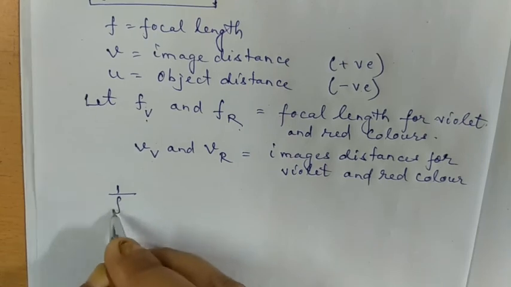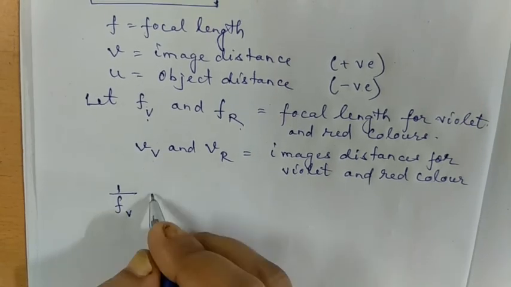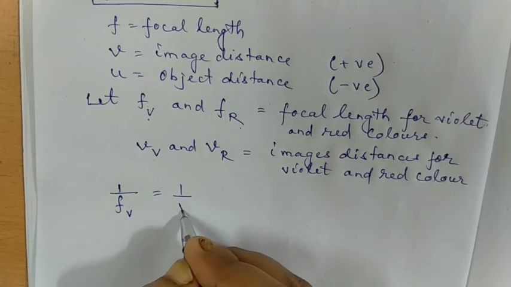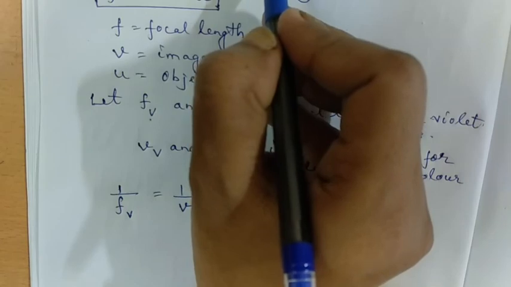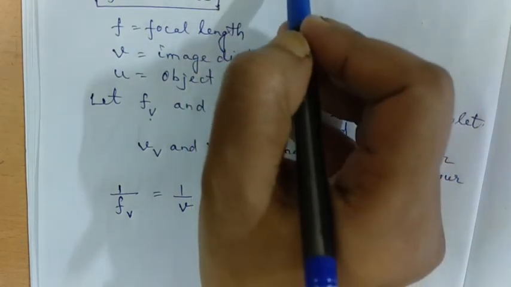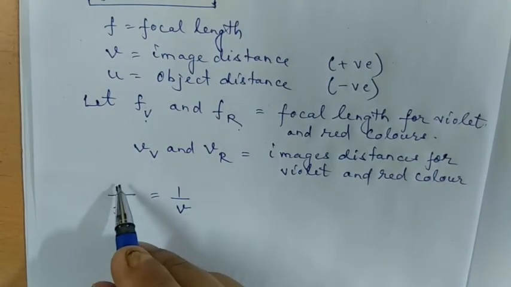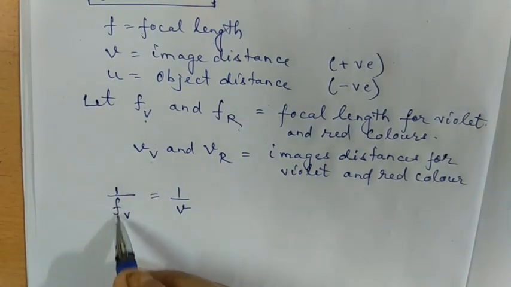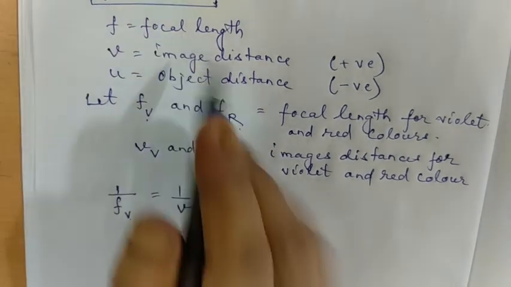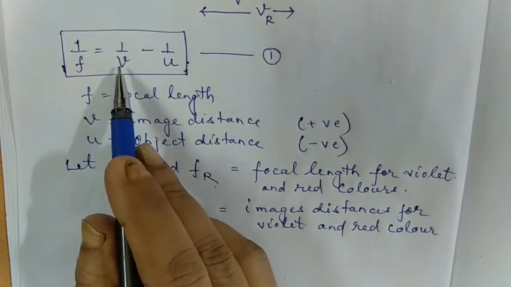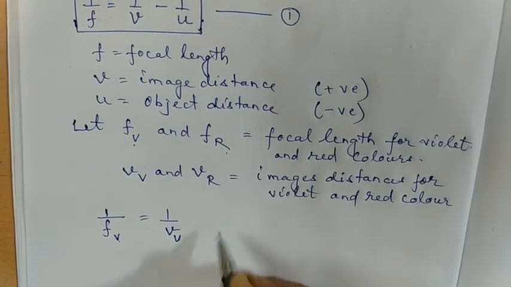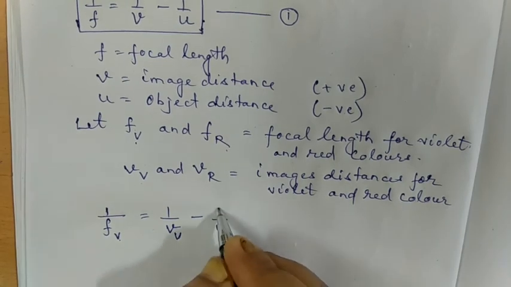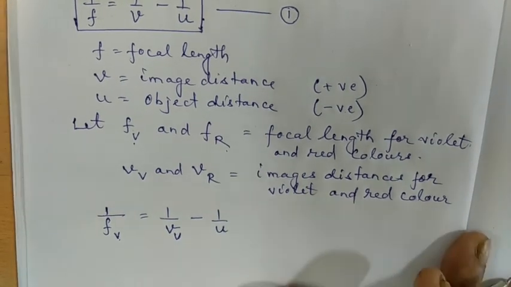So 1 by Fv is equal to 1 by Vv minus 1 by U, considering violet rays, where the image distance is Vv. 1 by U won't change, U will be the same.